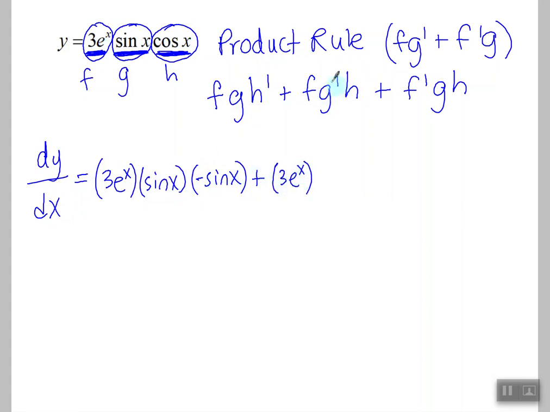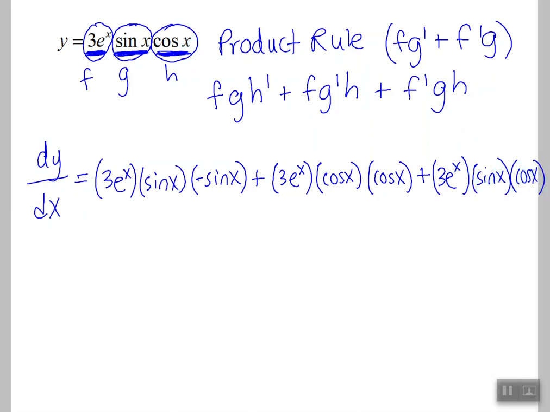This time the derivative of g, one that we haven't done, so the derivative of sine x is cosine x, and then times h normal, cosine x, plus, and now finally, a product with the derivative of f in it. The derivative of 3e to the x, 3e to the x. g and h as they are. Sine x, cosine x.